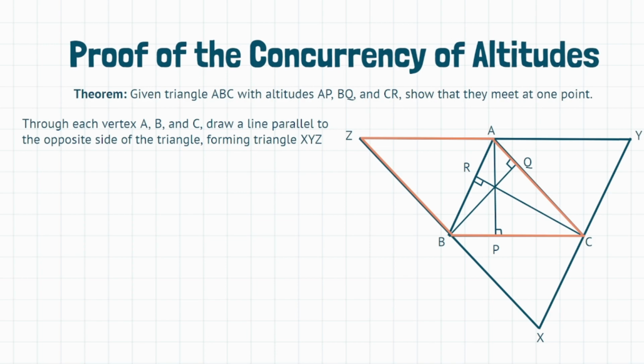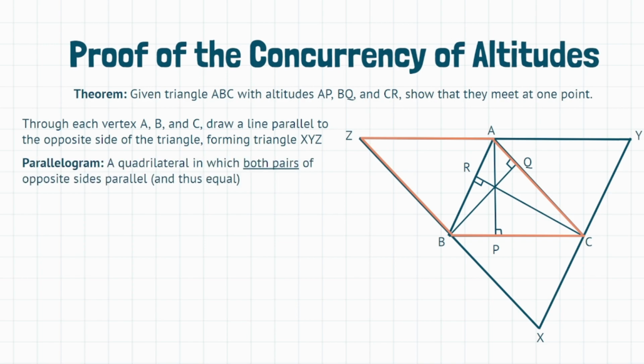We see that the points Z, A, C, and B form a parallelogram. You may already know this, but a parallelogram is defined as a quadrilateral in which both pairs of opposite sides are parallel. In another video, we can show that this also implies opposite sides are equal.